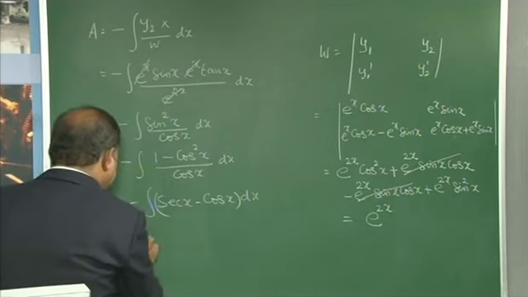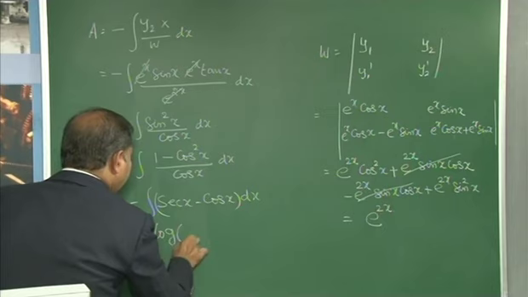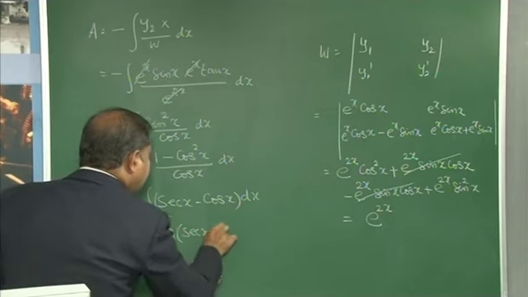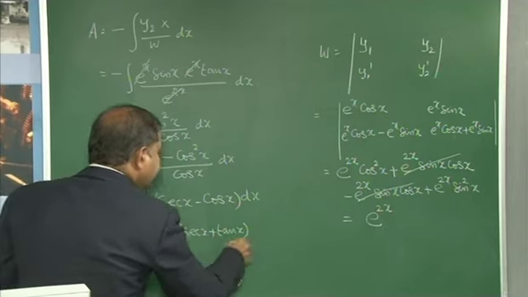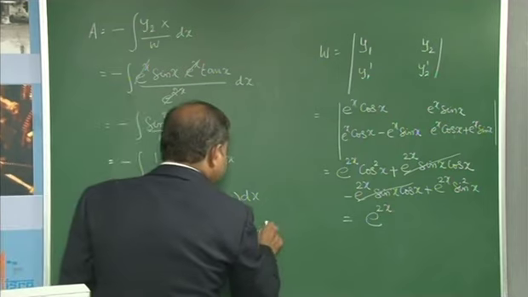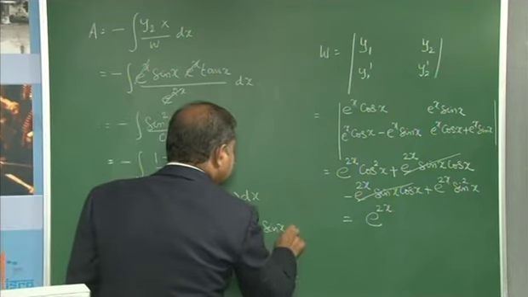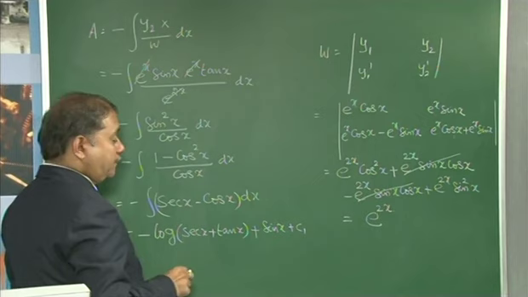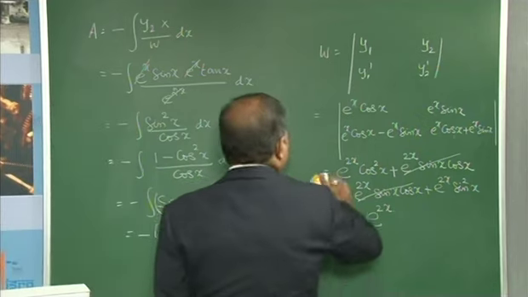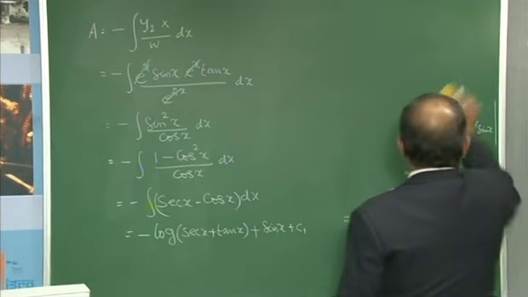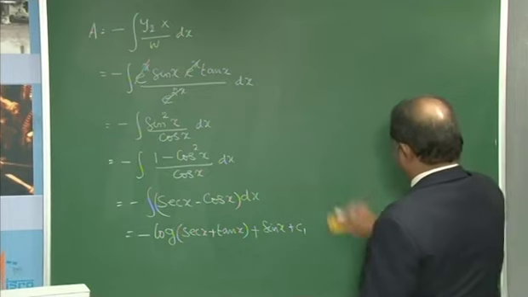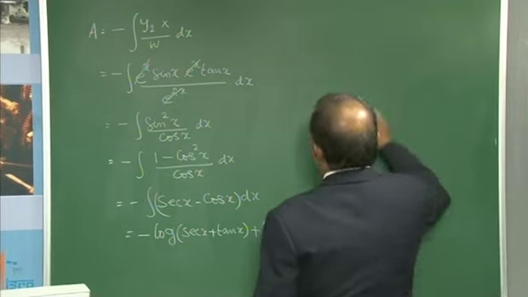What is the integration? Minus log of (secant x plus tan x) plus integration of cos x, which is sin x, plus c1. Then you go for B.